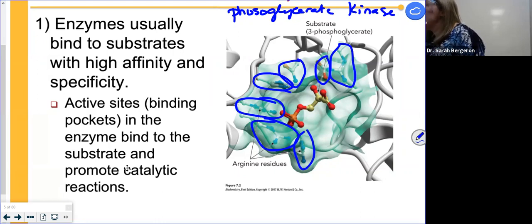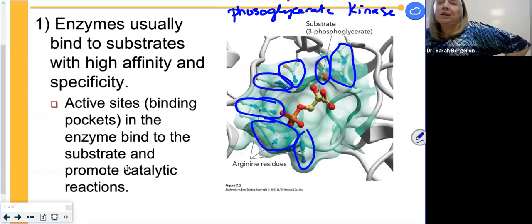There are all kinds of different things that could be altered within the enzymatic pocket that allow for a unique environment and therefore optimal conditions for the catalytic activity to occur, right? Because you got to think, most reactions, if you're in the lab and you want to speed up a reaction, what do you do to it? You optimize it. One thing that you can do is increase the temperature, right? Most chemical reactions occur faster at a higher temperature.